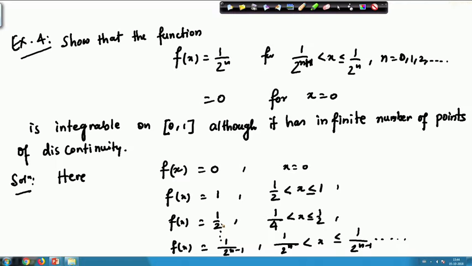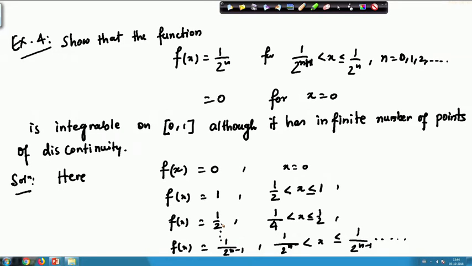Now we know that the function f is monotonic, and also the function is bounded because the maximum value it can attain is 1 and the lowest value it can attain is 0. When n goes to infinity, 1 by 2 to the power n will go to 0, and consequently the maximum value this function f can attain is 1 and the minimum value is 0.